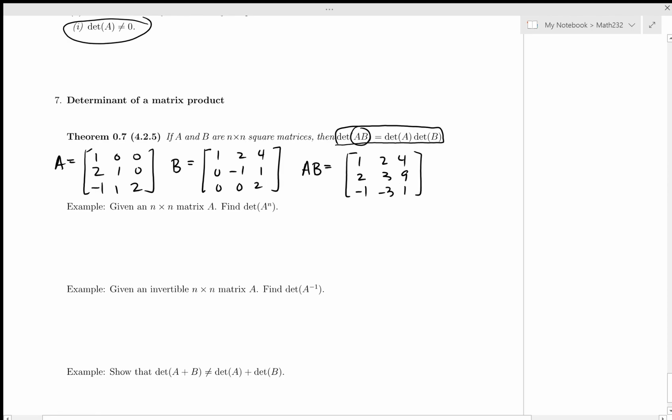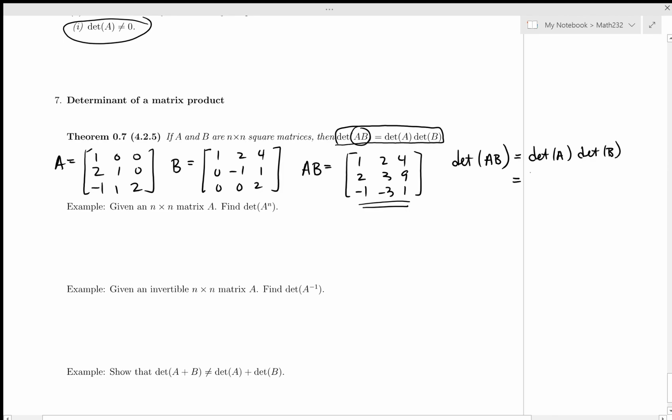Now, I could ask, and I will ask, what is the determinant of AB? If I were just given this, I'd have to start with some sort of method. However, if I know that AB is the product of these two matrices A and B, and I know what they are, then it's really easy, because this is simply the determinant of A times the determinant of B, and those are easy to calculate.